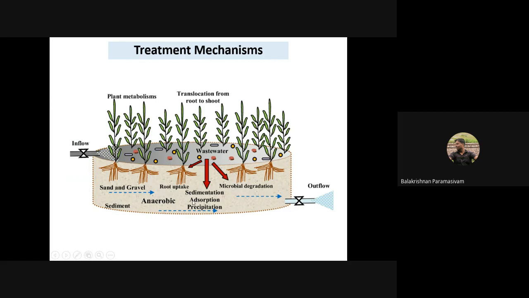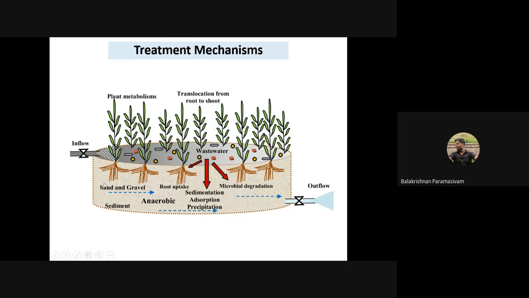So sedimentation, adsorption, precipitation. Then the microbes will be there. Like our anaerobic process, here also there is an anaerobic process, because sediments are settling on the front portion of the constructed wetland. Through the anaerobic process, anaerobic bacteria will act and the complex organic matter will be converted into simpler organic matter.